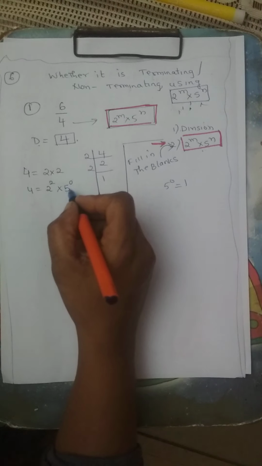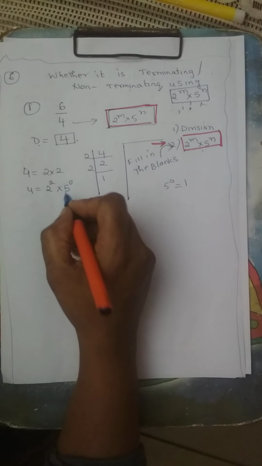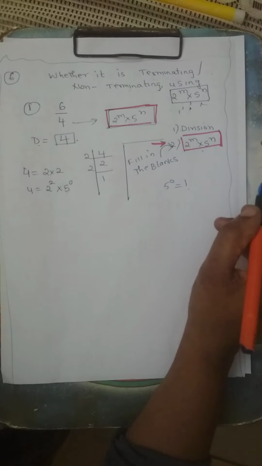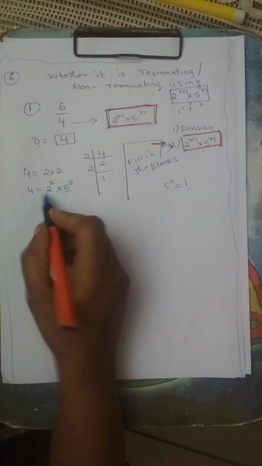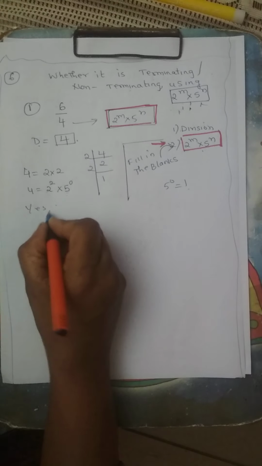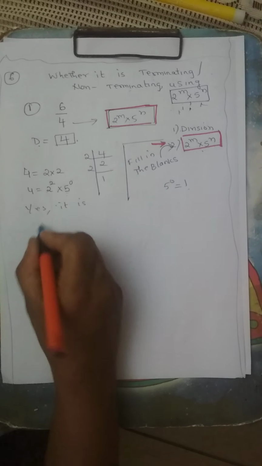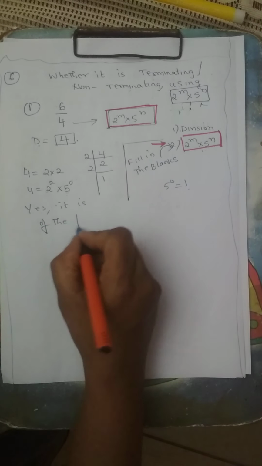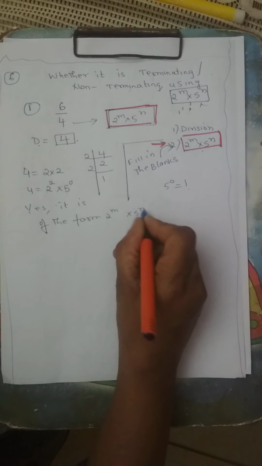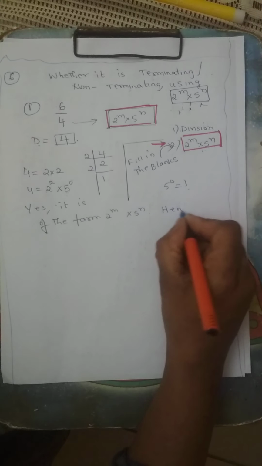So if it's missing, it means you can express it as raised to 0, because anything raised to 0 is 1. If 2 was missing, then put 2 raised to 0. Yes, it is of the form 2 raised to m into 5 raised to n. Hence it is terminating.